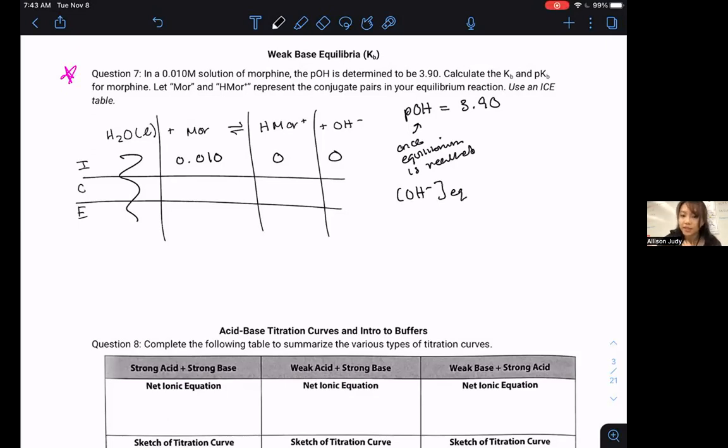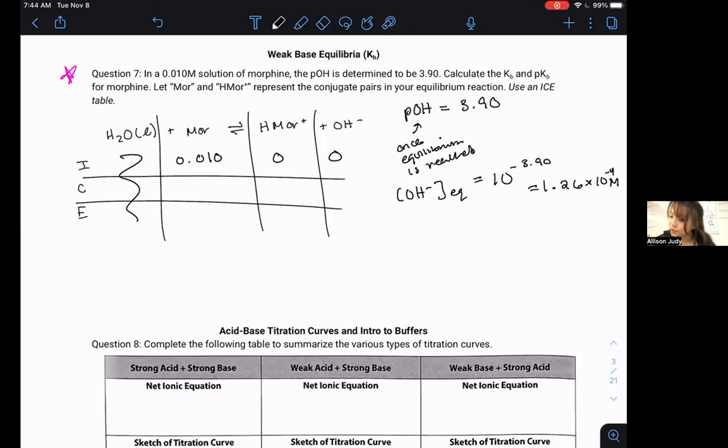So I say that's going to be equal to 10 raised to the negative pOH, which is 3.90, 2 sig figs. So I get a value of 1.26 times 10 to the negative fourth molarity for the concentration of OH minus at equilibrium, based on the pOH measured at equilibrium, or when the solution had been standing for a while.